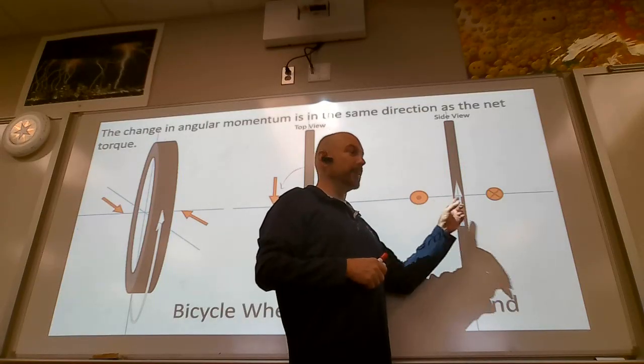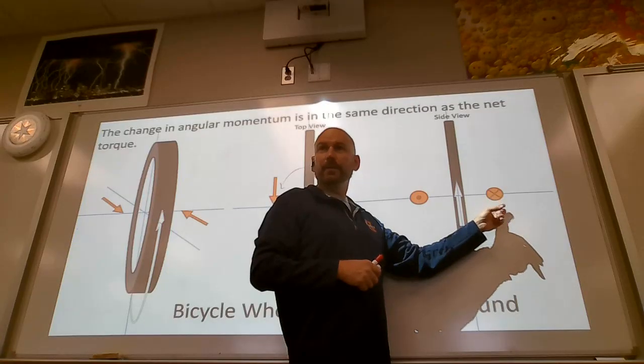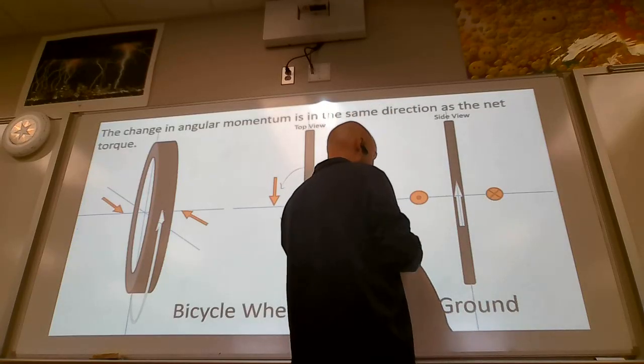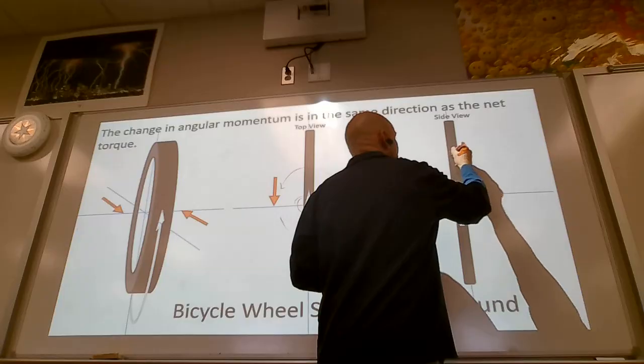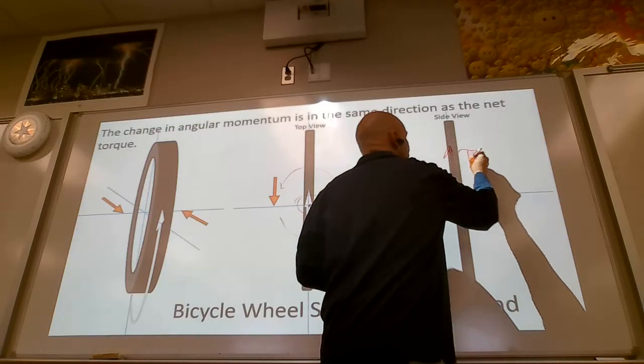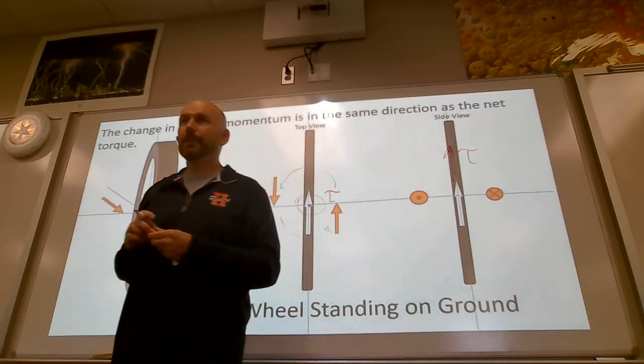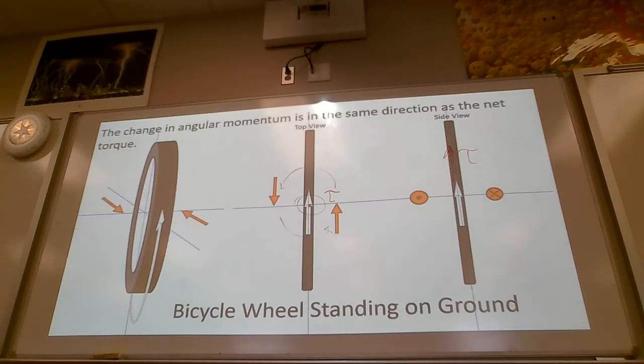You did that with right-hand rule stuff. You're looking at the arrowhead, you're looking at the feather. So here, the torque is going that way. Now, the direction of the angular momentum is which way, initially, of the bicycle wheel?